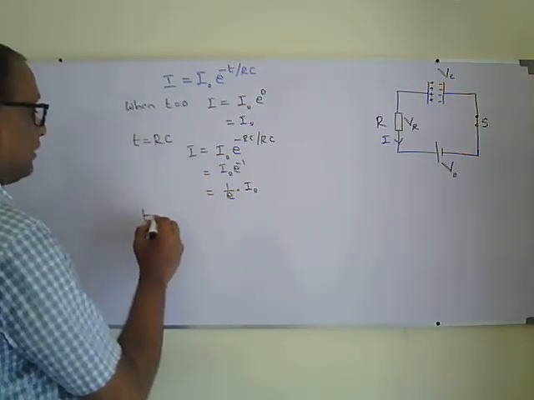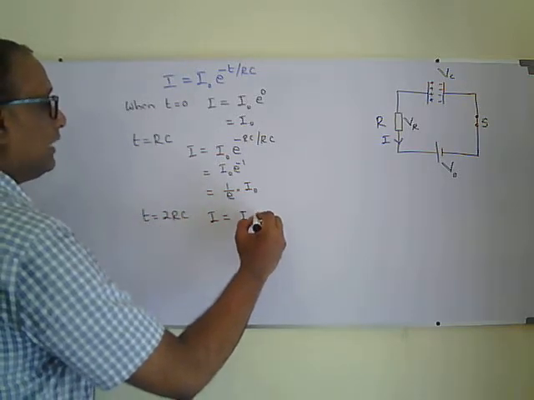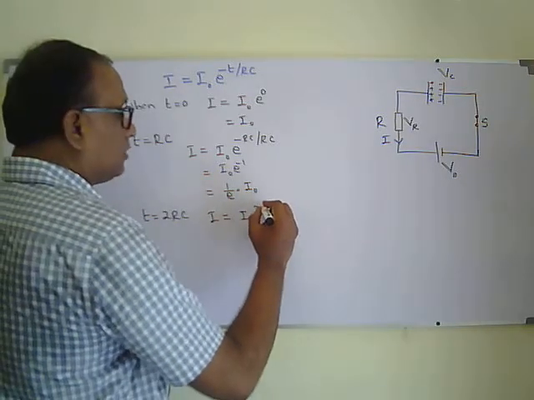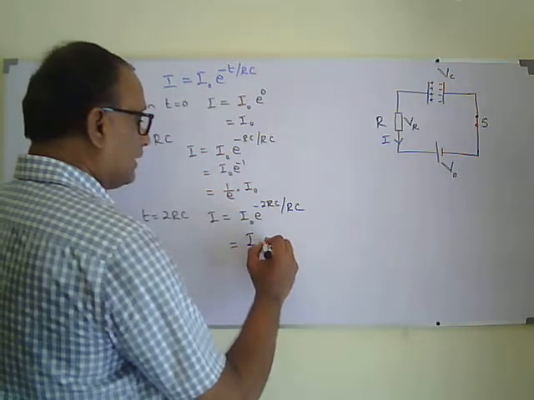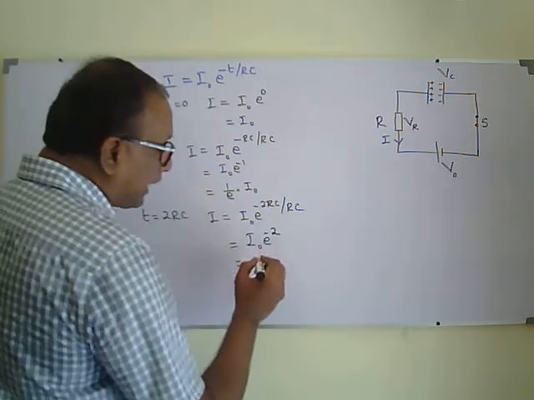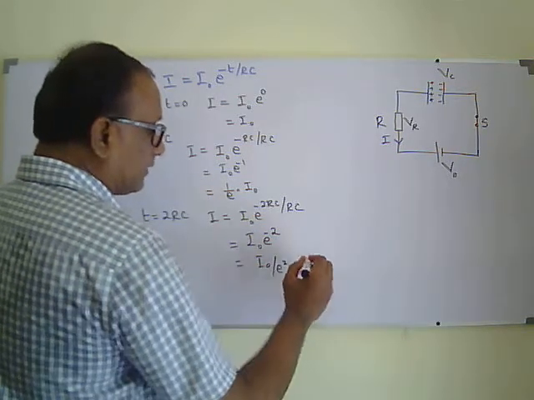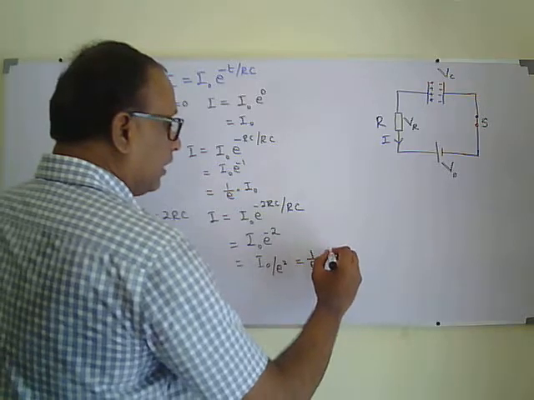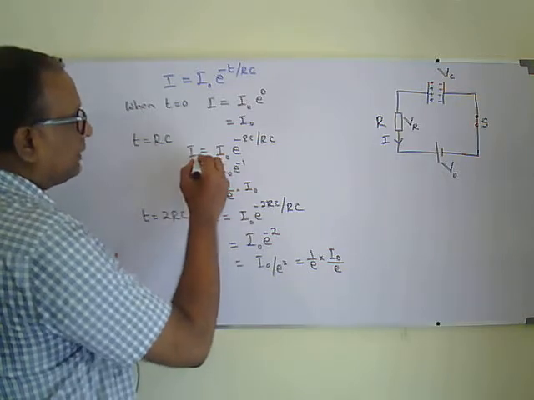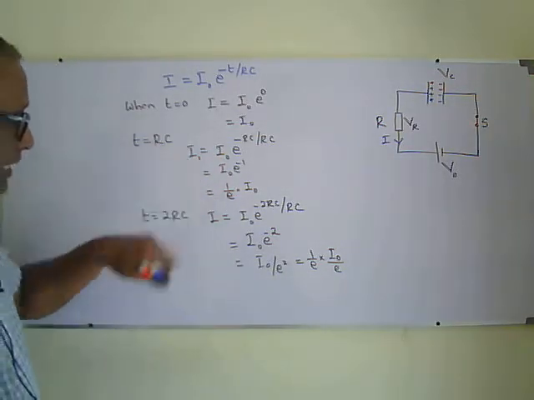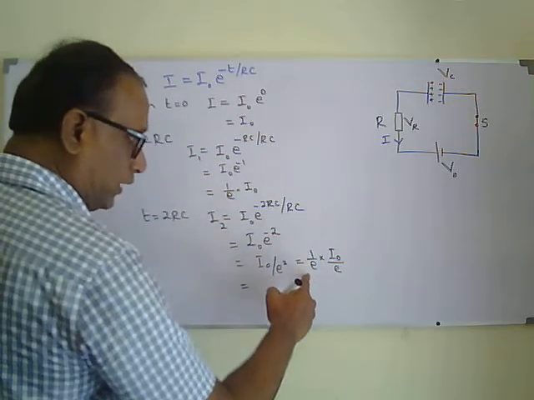I will be equal to I naught e to the power minus 2RC over RC, which is I naught e to the power minus 2, that is I naught over e squared. This I can write as 1 over e of I naught over e. I naught over e, I can call I1, and this one I2. So I2 is going to be 1 over e of I1.